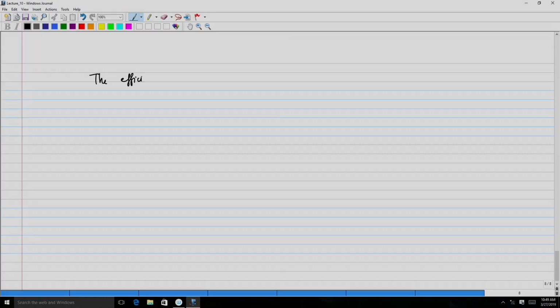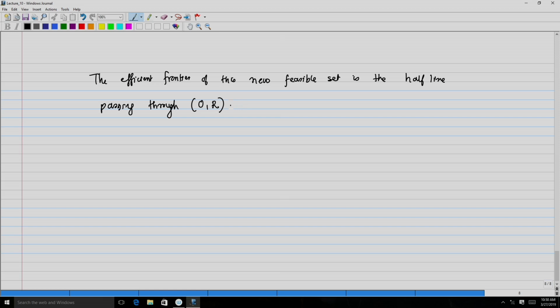So, accordingly we can state the following, that the efficient frontier of this new feasible set is the half line passing through the exclusively risk free portfolio, that is (0, R), and tangent to the hyperbola or the parabola.